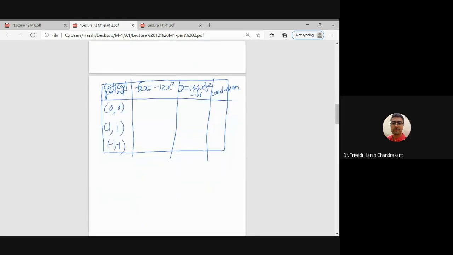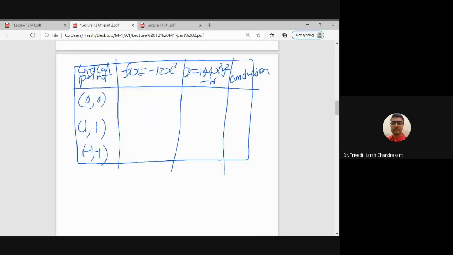Now we have these 3 critical points, and we want to find these quantities fxx, which is -12x square, and the discriminant at these 3 points. Since fxx is -12x square and at 0 the value of x is 0, fxx is 0 there.